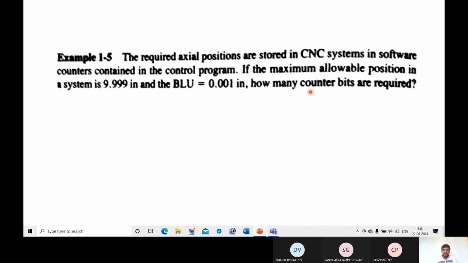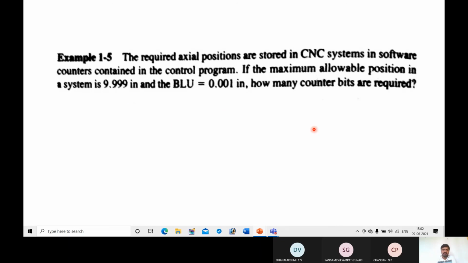So you have to calculate. In order to calculate how many bits of counter or register are required, first you should calculate the number of incremental positions. You need to store movements from 0 to 9.999 inches.